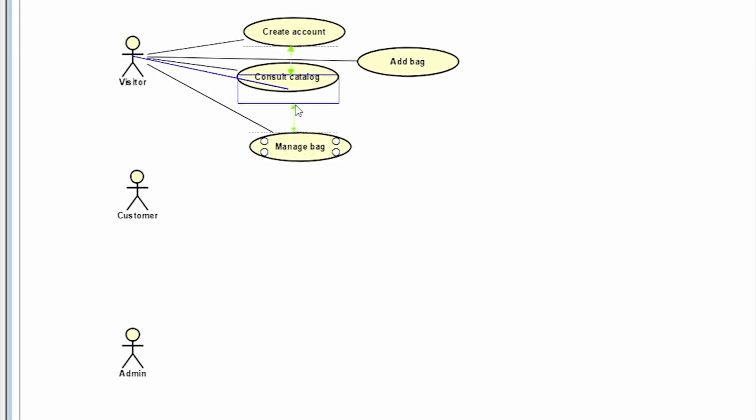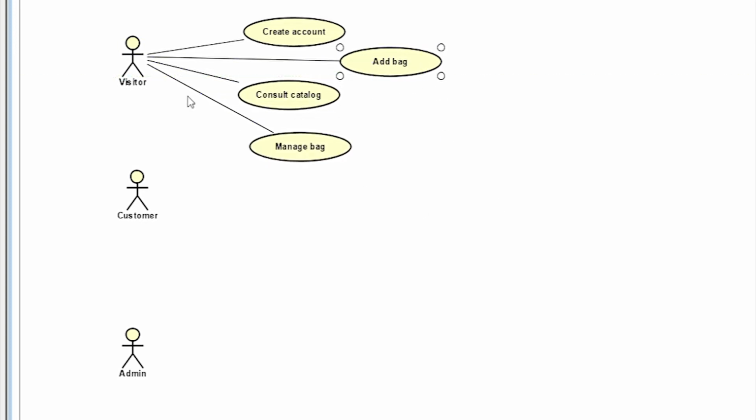Okay, so here are the use cases that a visitor can do on the system. So now we can analyze more these use cases to see if there is any dependency or extension between these use cases.